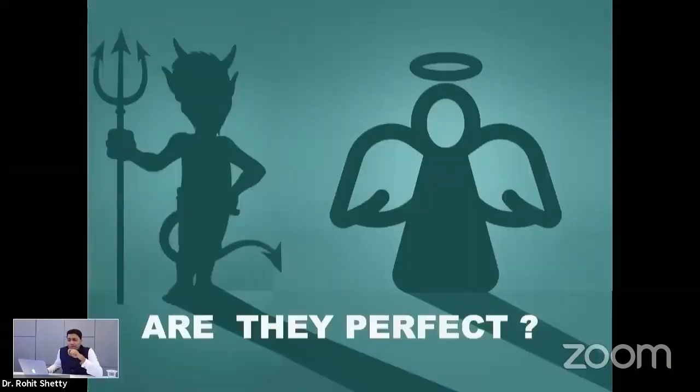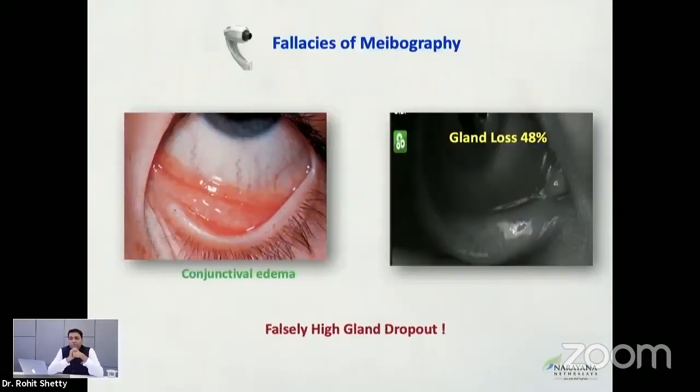So why does this happen? Going back to the devil's advocate here, are they really perfect, these machines we rely on? This slide is very important, because one of the fallacies of meibography is that if you have a lot of conjunctival edema, papillae, or inflammation, the infrared light just doesn't go through it, and it comes out as a complete dropout.